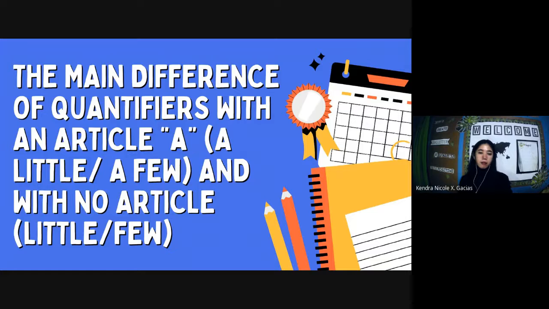Here we have the main difference of quantifiers with an article, a little and a few, and with no article, little and few. So earlier we have discussed that the same rule applies in both quantifiers a little and a few. So same goes with quantifiers little and few.